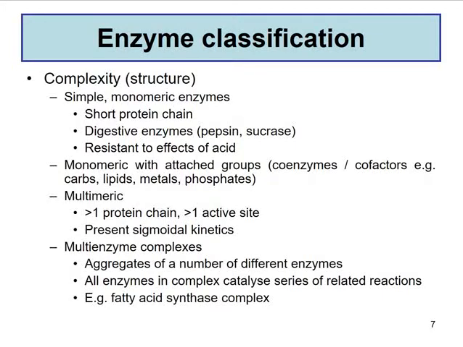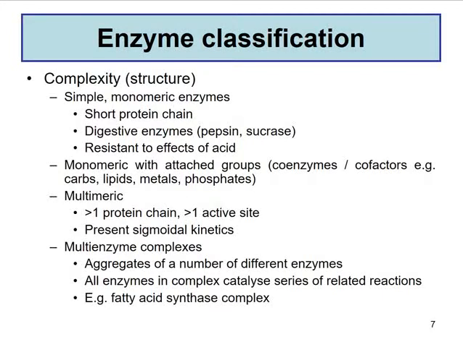And then secondly, we have the monomeric with attached groups. So it's not just the protein only, the amino acids, it's something else that's joined in there. And usually these are called coenzymes or cofactors. I'll explain this when we get to the protein structure. It's much easier to understand there.